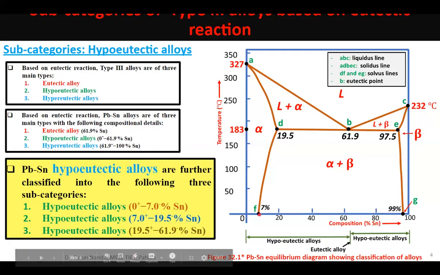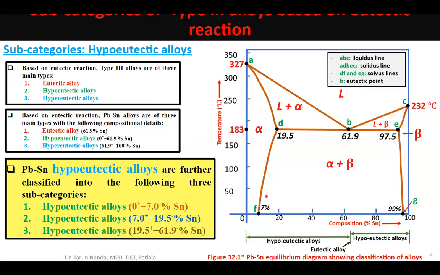But if you talk about alloys from 7% to 19.5%, if you come down and see what is going to be the room temperature microstructure, see they are lying in the two phase region alpha plus beta. So they will have two phases in them, alpha solid solution and beta solid solution.